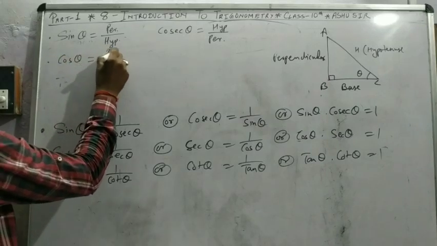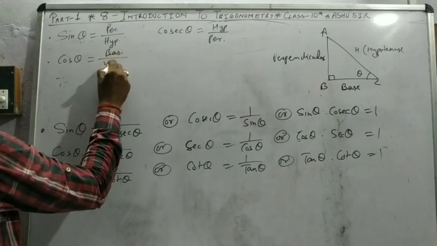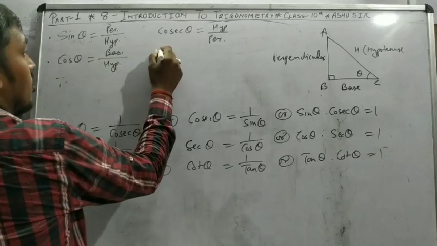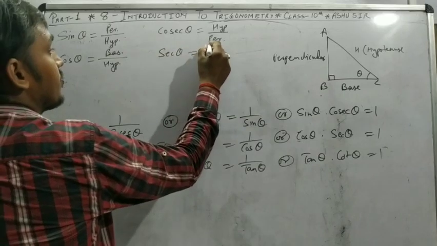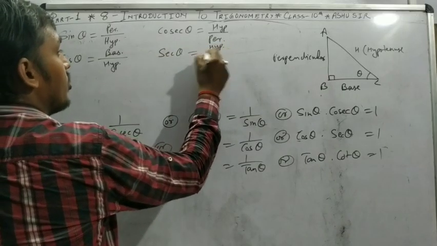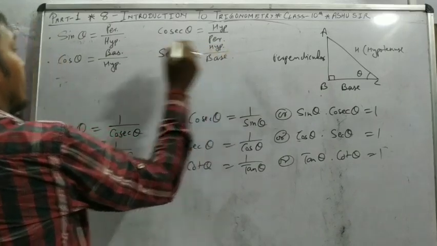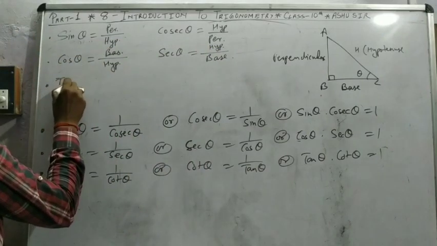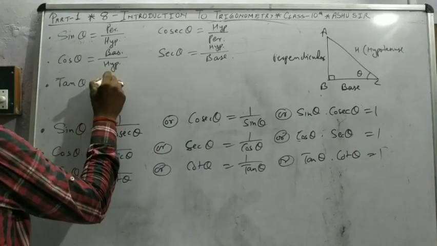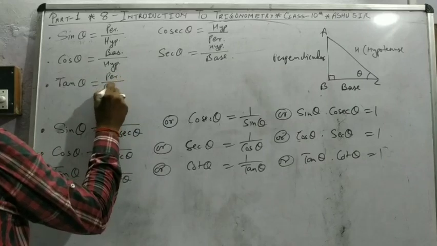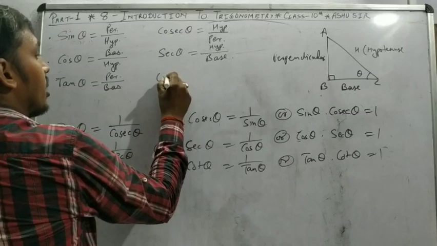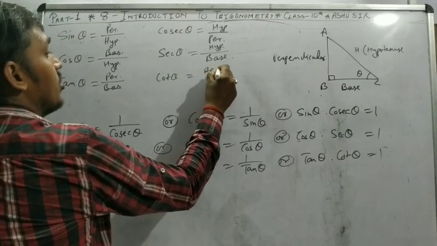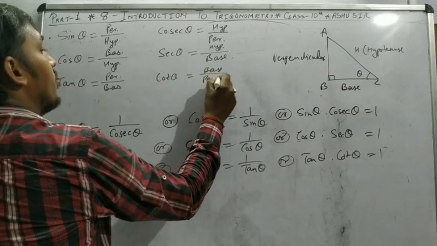Cos theta is base upon hypotenuse, so sec theta is hypotenuse upon base. Tan theta is perpendicular upon base, so cot theta is base upon perpendicular.